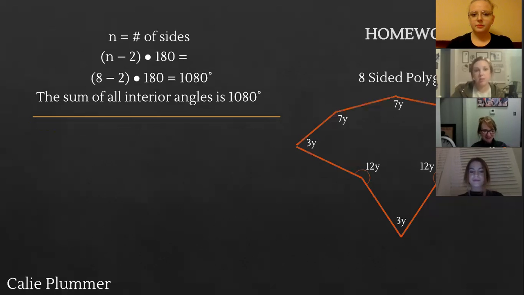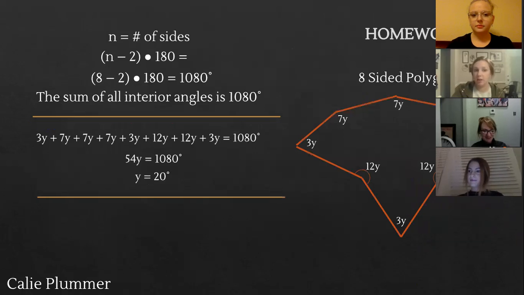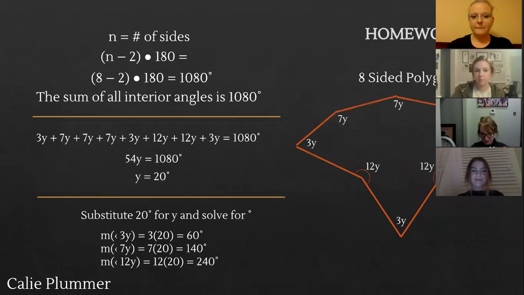And so you would substitute 8 for n, and you would get 1,080 degrees. And then if you wanted to take it a step further, you would add up all of your interior angle representations, so 3y, 7y, 7y, and so on. And all of those added together would equal 1,080, which is 54y. Then you would just divide, which gives y equals 20. Okay, good job.